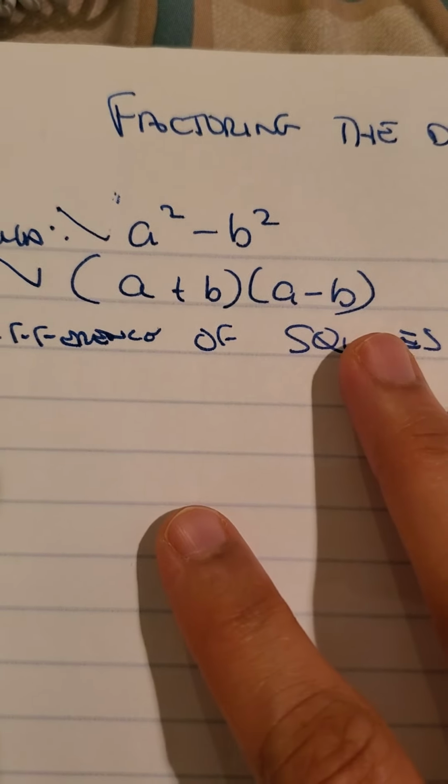So how would you know you're working with a difference of squares? First of all, it will be two terms, because it's actually saying the difference of two squares. If you look at your text here, it clearly says factor the difference of two squares. So that's one, we are going to be working with two terms.